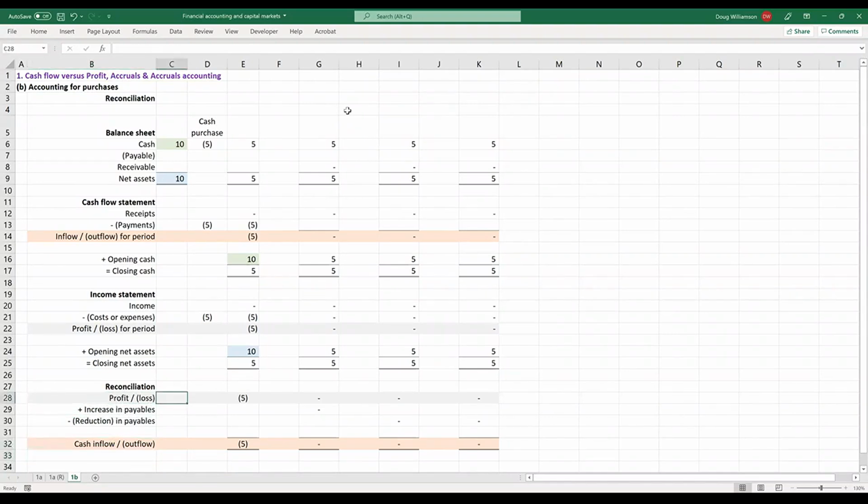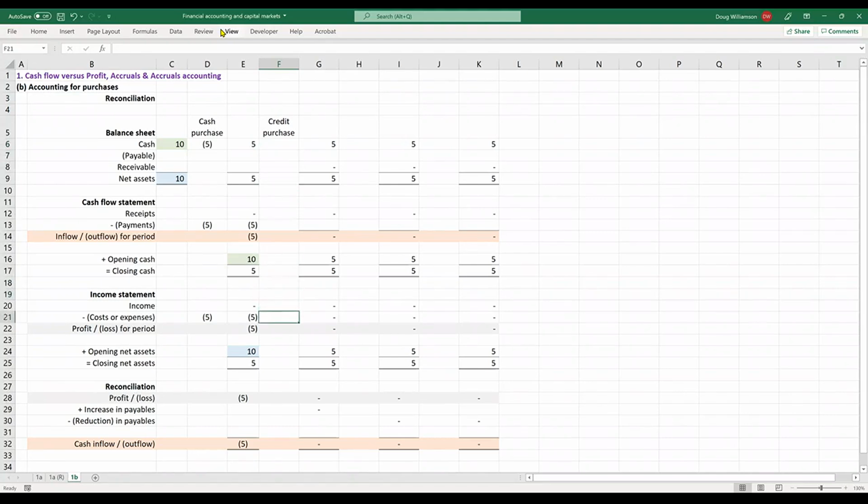Okay, let us make a credit purchase. So we get the benefit of, let's say this is for 2.